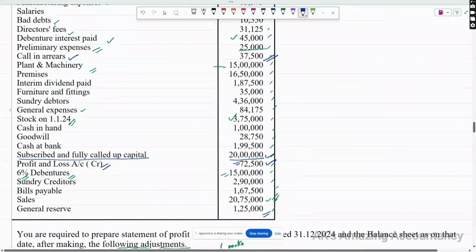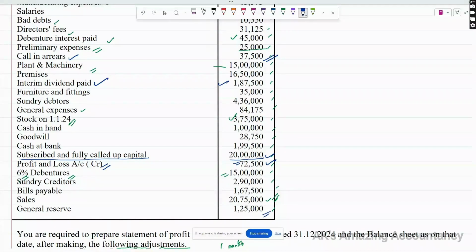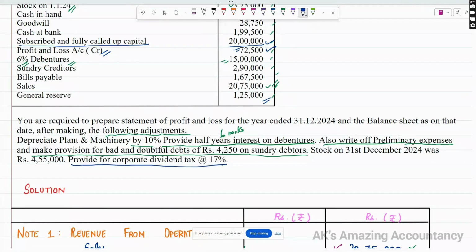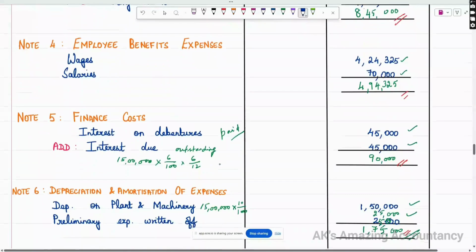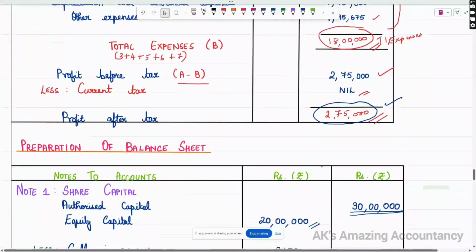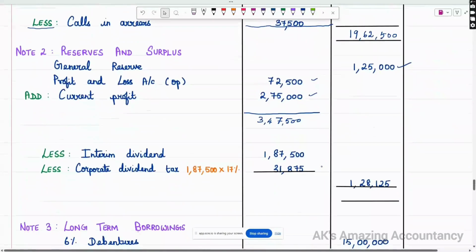Just see here, you are given interim dividend paid 1,87,500. So we are taking that into account, and we'll have to calculate corporate dividend tax. You are given in the problem, provide for corporate dividend tax at 17%. Okay, so this corporate dividend tax at 17% will have to be calculated on this interim dividend of 1,87,500.